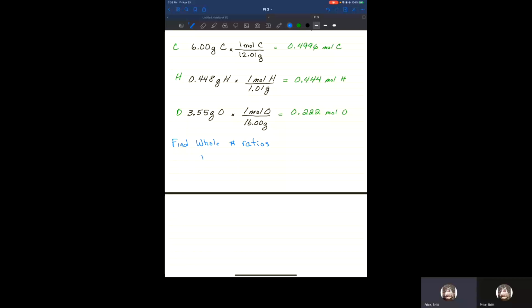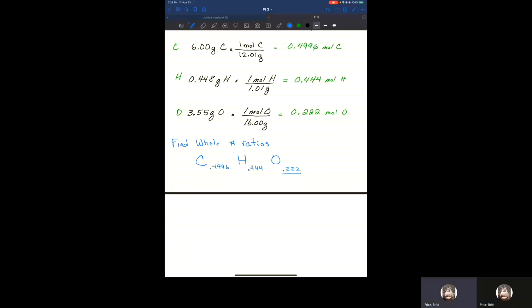So I've got carbon at 0.4996, I have hydrogen at 0.444, and I have oxygen at 0.222.